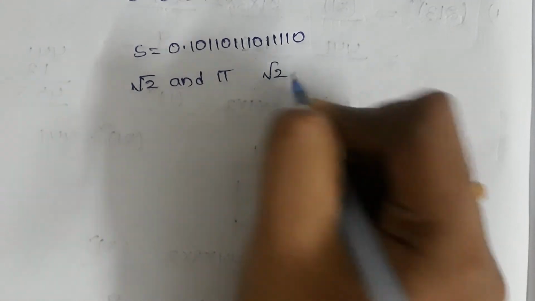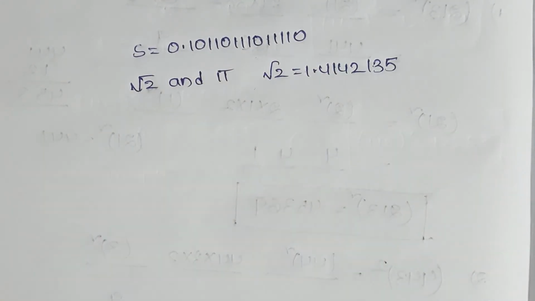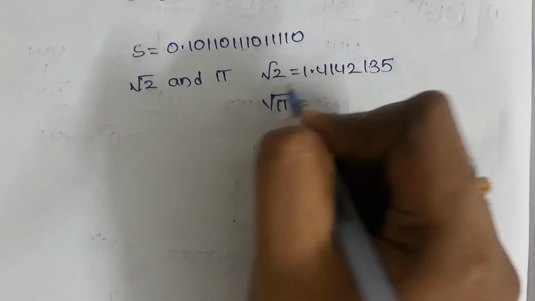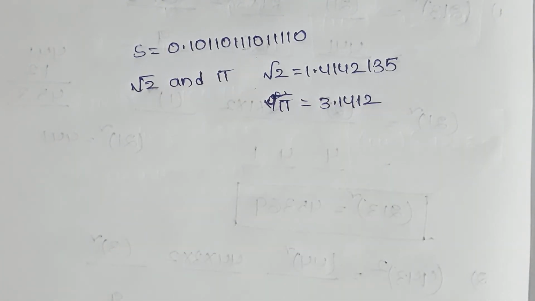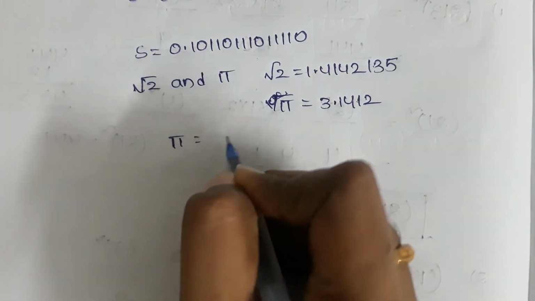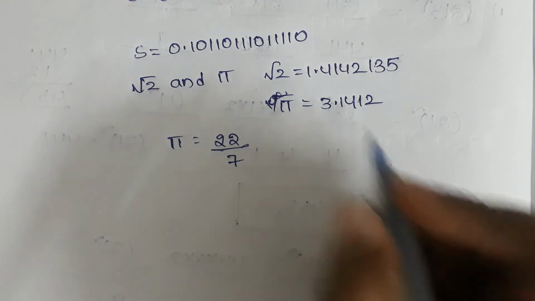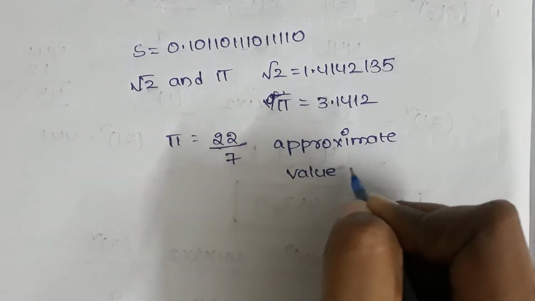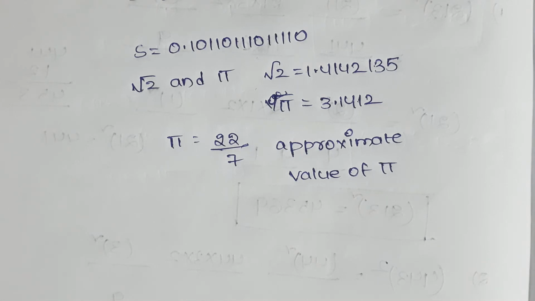Root 2 equals 1.4142... and for pi the decimal expansion is 3.1412... Generally we will write pi as 22 by 7, but pi equals 22 by 7 is not the exact value, that is the approximate value of pi.